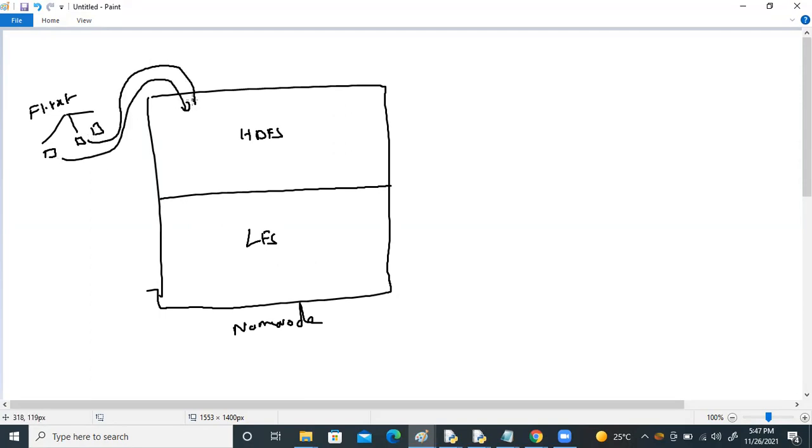The metadata is also stored in the form of blocks.